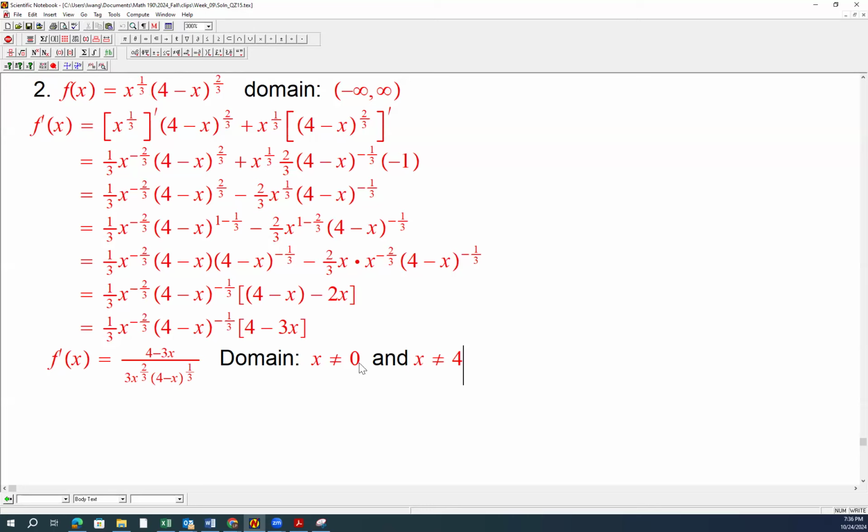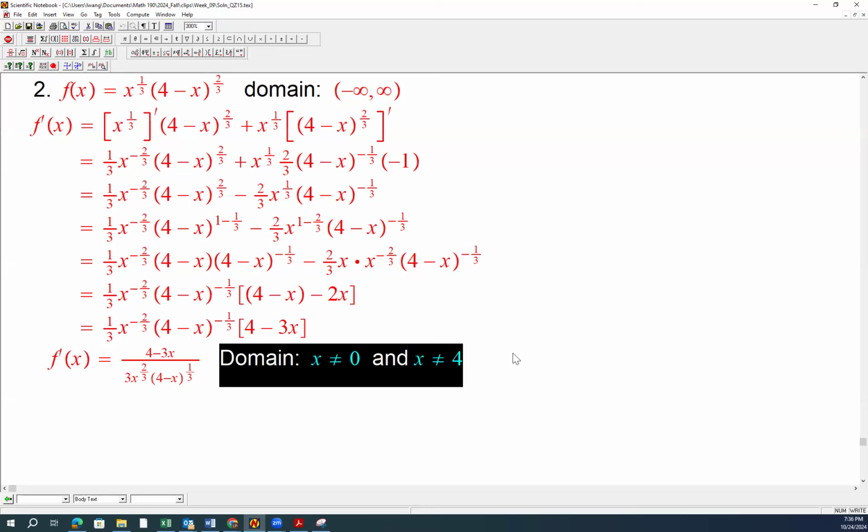So now we see two numbers. These two numbers are in the domain of the function, but not in the domain of the derivative. So these two numbers are critical numbers by the definition of critical numbers, because the derivative is not defined at 0, and the derivative is not defined at 4. So we got two critical numbers in this case.